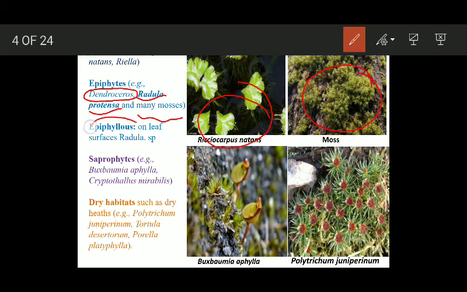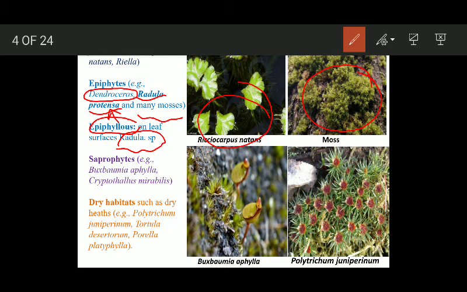Now, one more term is epiphyllous. Epiphyllous bryophytes are those epiphytes which grow specifically on the leaf surface of other plants. So epiphyllous bryophytes are also epiphytes. Now we have devised a separate terminology for them because they grow exclusively on the leaf surfaces. Example is some species of Radula.